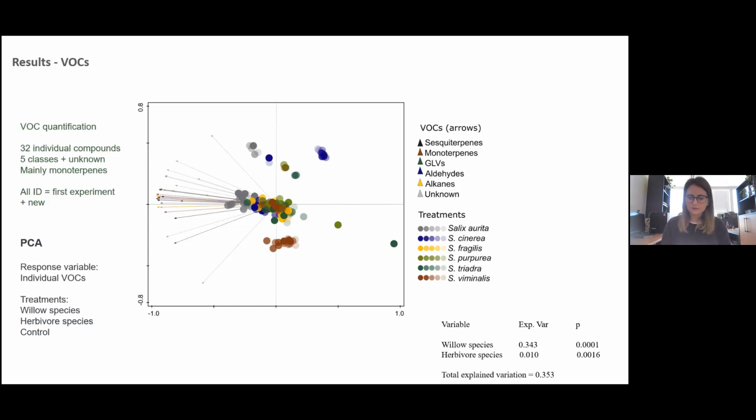And also, analyzing the variance partitioning for the composition of VOCs in this case, we found that the willow species explain most of the variation, and the herbivore species also matter. We can see here that there is some pattern when it accounts for the variation coming from the plants, so they are differing somehow, but also herbivore identity matters, but not so much.